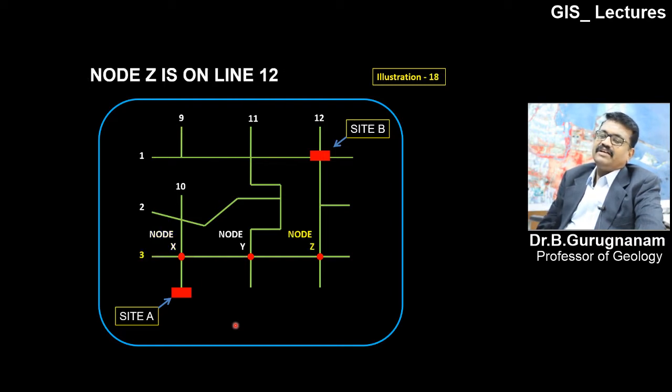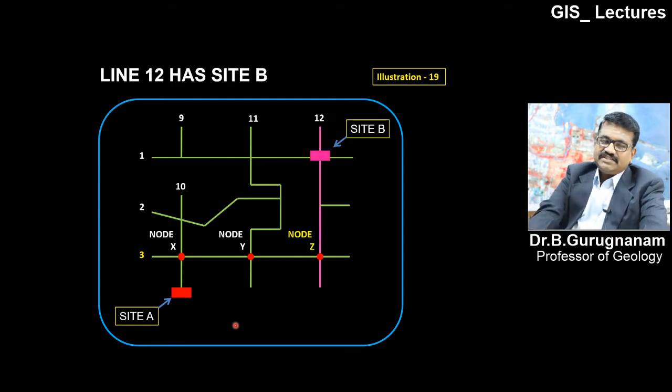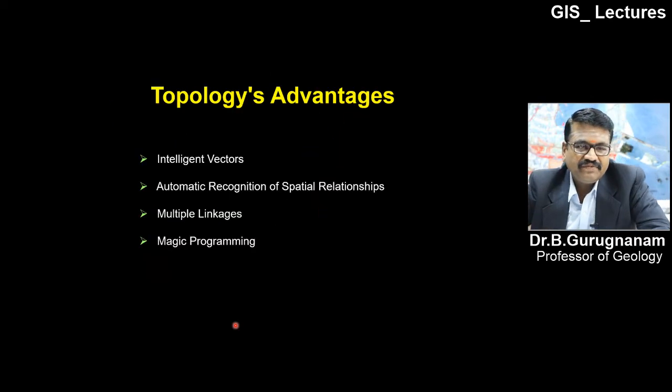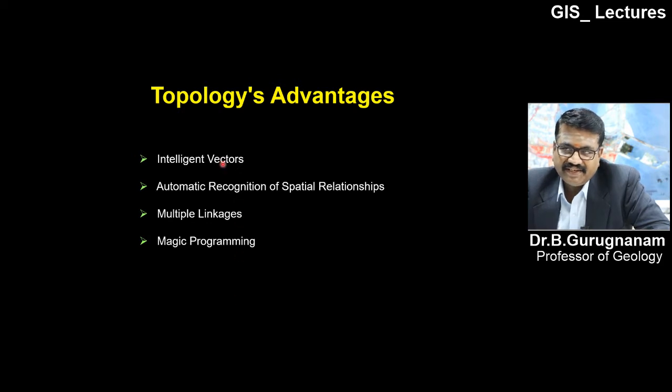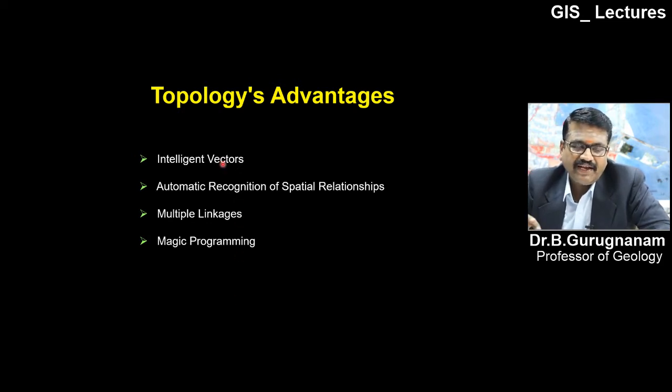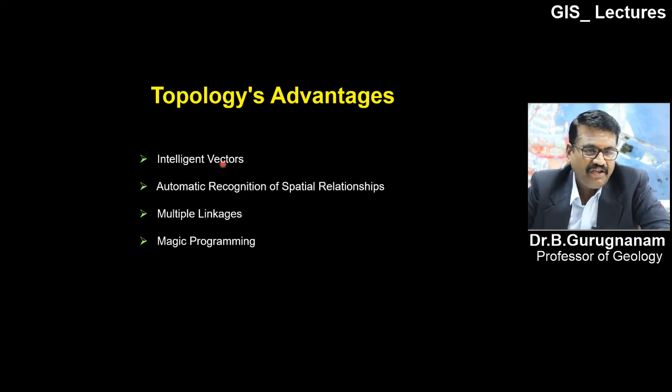After that, line 3 is on node Z on line 12, line 12 on site B. So this is the relations one by one. Very clearly it is explaining the linkage between the node and line, so that you can very well establish whatever questions you ask, it will immediately read from the attributes of either a line or a polygon or a point through which it will establish.